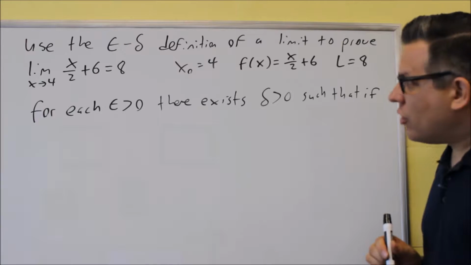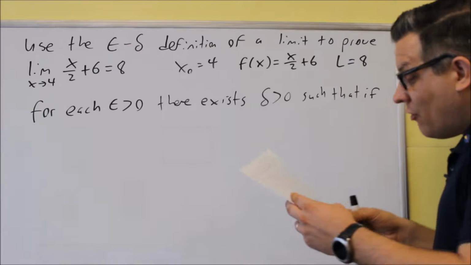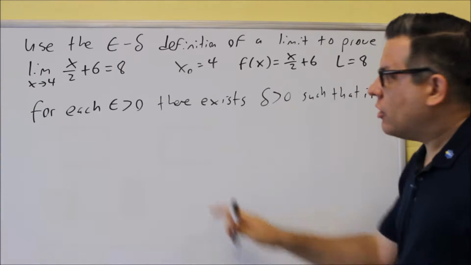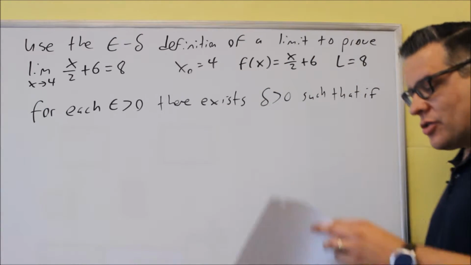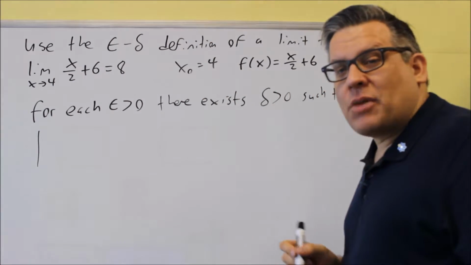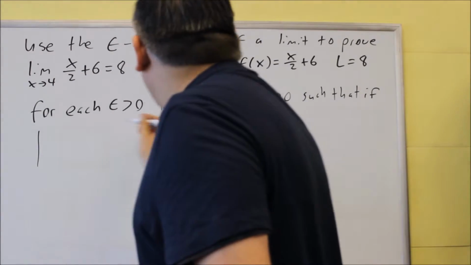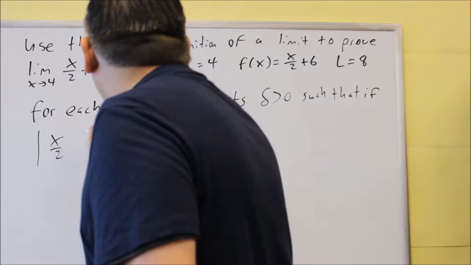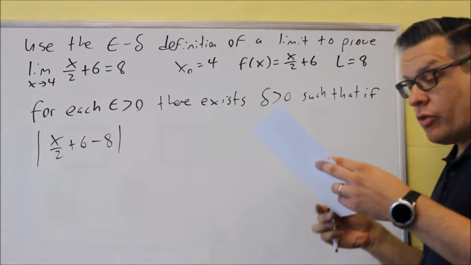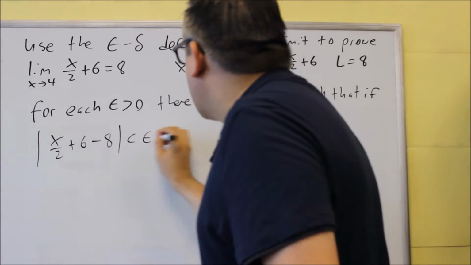Now we're going to fill in based on what's given here. You start with f(x) minus L, so we do x over 2 plus 6 minus L, and we said that's going to be less than epsilon.